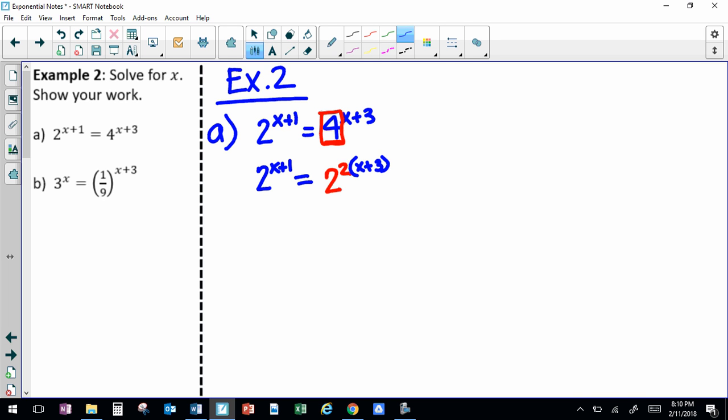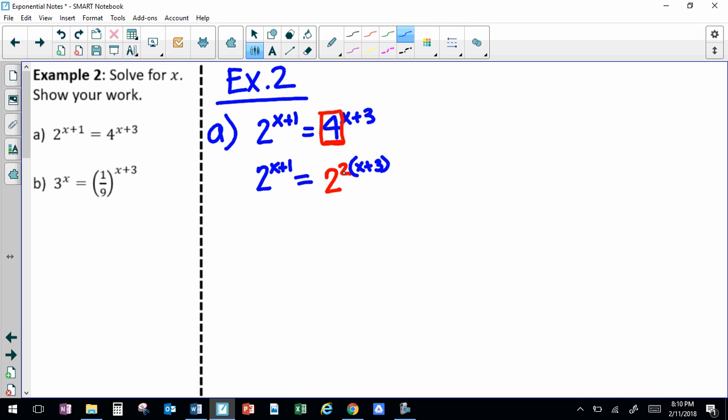There may be a problem where we have to change both, but can I change one of these so that it has the same base raised to a power? And I could. I could change 4 to 2 squared. And then once I did that, what's in red is what the 4 represents, 2 squared, and then whatever was in the exponent before stays, but you need to put it in parentheses because we'll have to distribute that too.